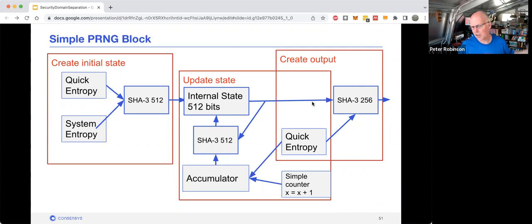That's acting as a compression function for creating the output. Each time you ask for a new value, you update the internal state. You've got a counter, which is a simple accumulator, and you combine that with your quick entropy and then SHA-3 it with the current internal state to give you the new state. So keep that in mind as a simple PRNG block that you're going to have in the overall diagram.